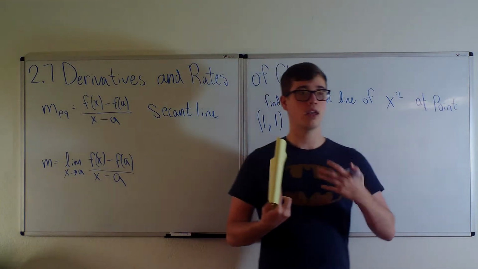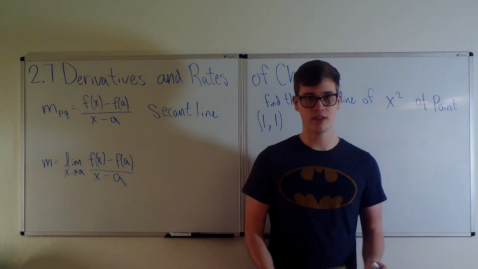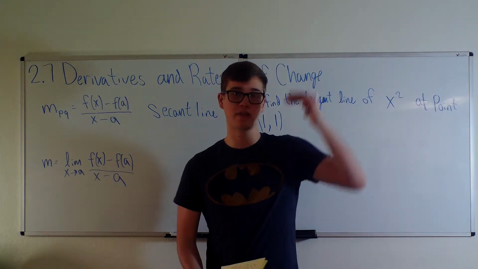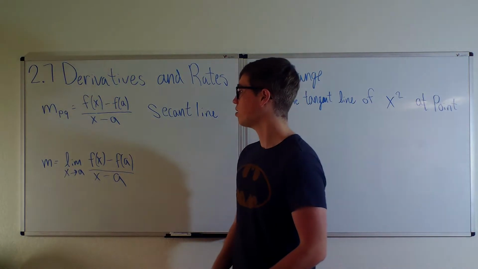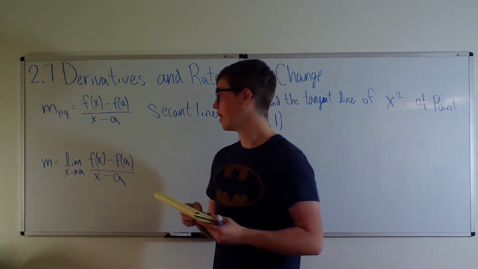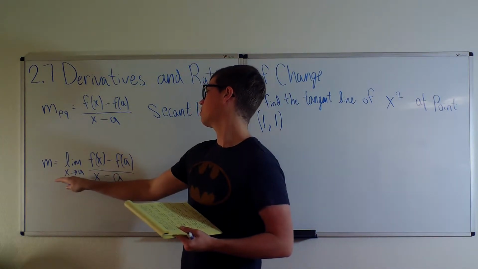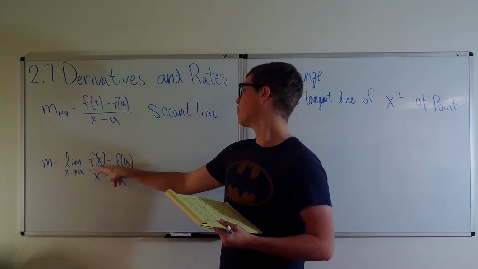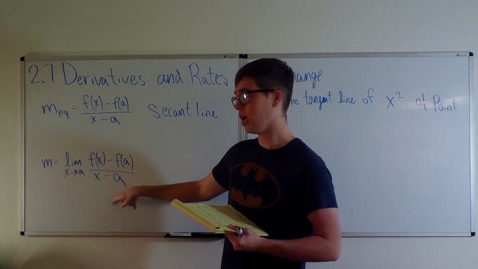If you've noticed a general trend in these recent videos, we've always been using limits to find stuff. We've been doing laws of limits, all this stuff with limits. So it's probably limits. To find the slope of a tangent line, the slope m is equal to the limit as x approaches a of f(x) minus f(a) over x minus a.